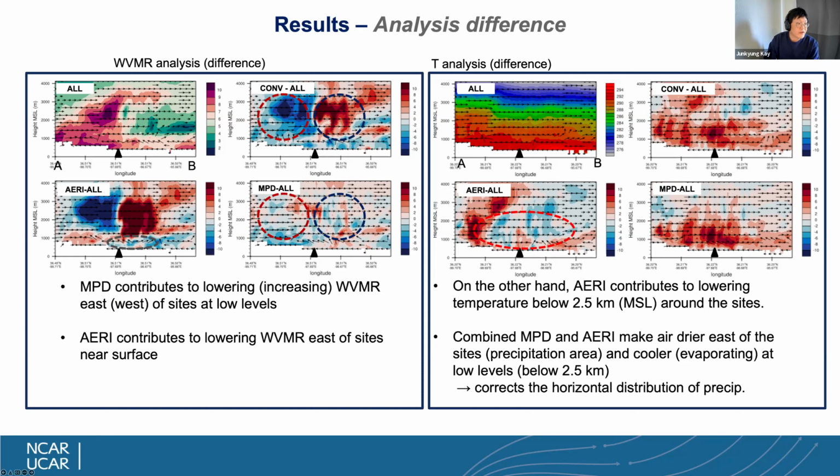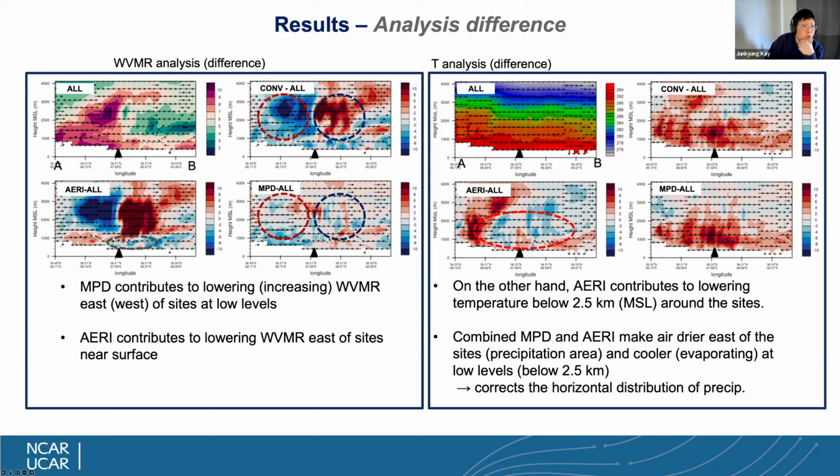When we see this water vapor mixing ratio analysis field, we can find a very elevated moist layer west of the observing site. This triangle shows the location of our observing site. So there is an elevated moist air layer and a much drier layer here.